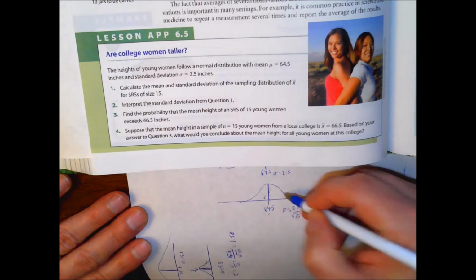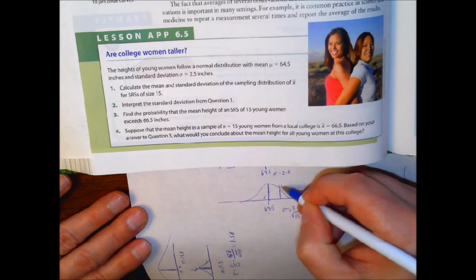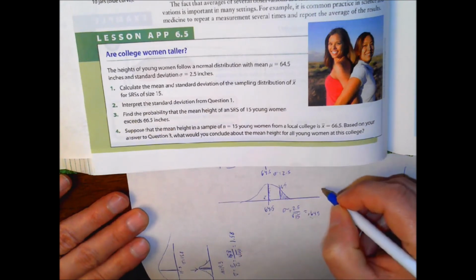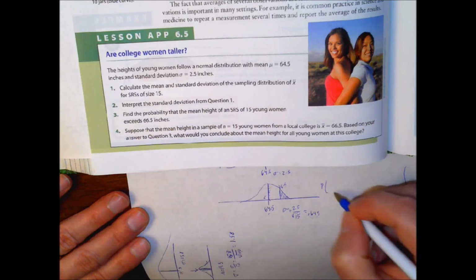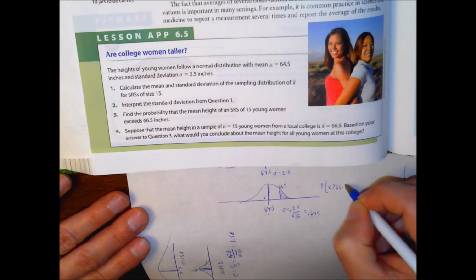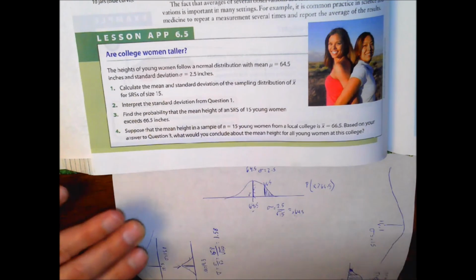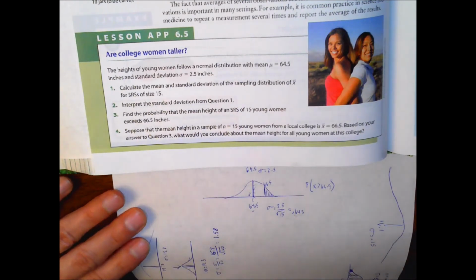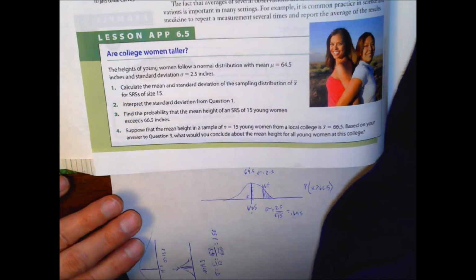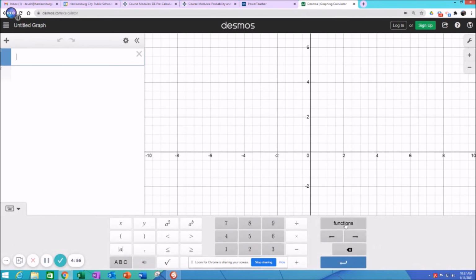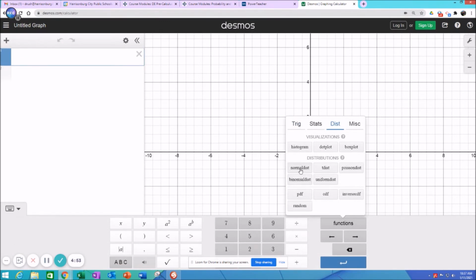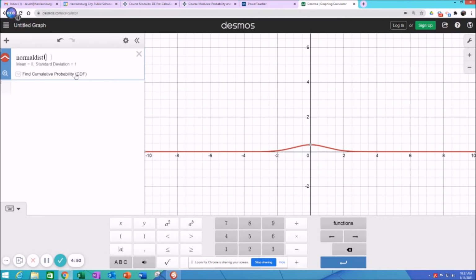So 66.5 exceeds it would be this. You're going to go to Desmos and do that. I'll go to Desmos and show that here. So we go to functions, distribution, and it's approximately normal, right? Our mean was 64.5 inches, and our standard deviation we said was 0.645.